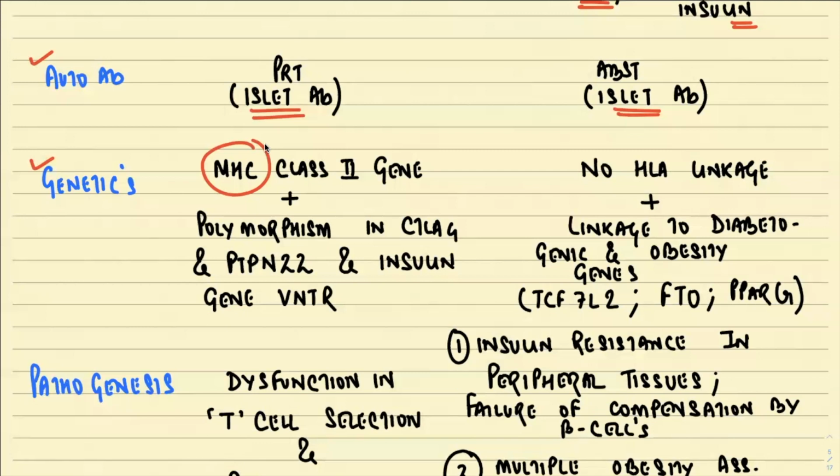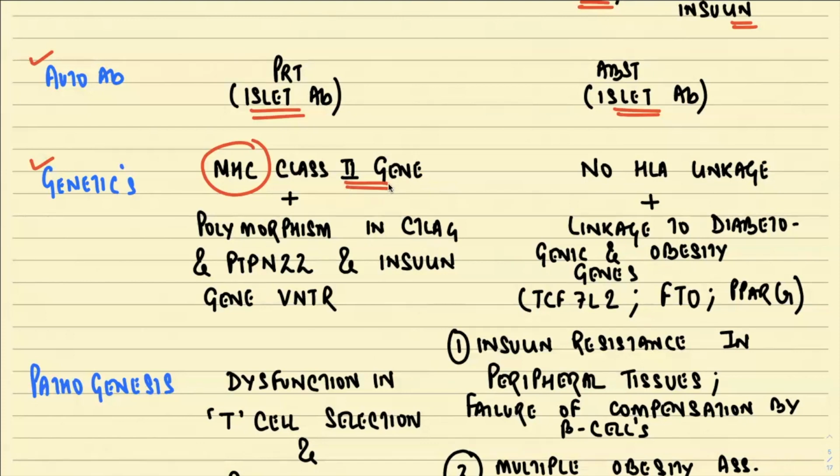Over here, MHC is not in question, but there are certain mutations seen along the MHC gene. MHC is called the major histocompatibility complex, and in human beings we call it HLA, or human leukocyte antigen. Under the genetics, the class 2 HLA or MHC class 2 gene plays a role.